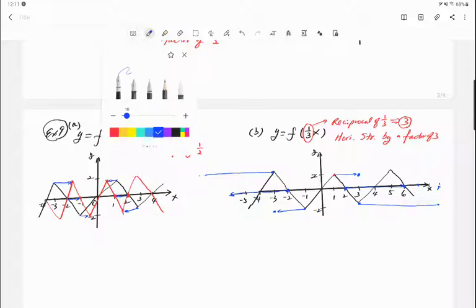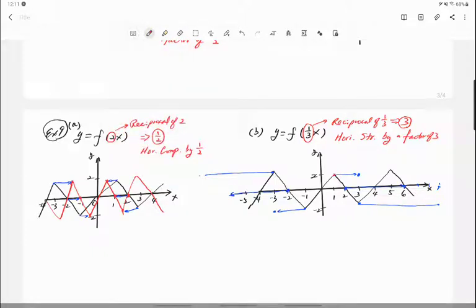So once we connect these points, it comes over here, and then comes over here. This is not drawn to scale.